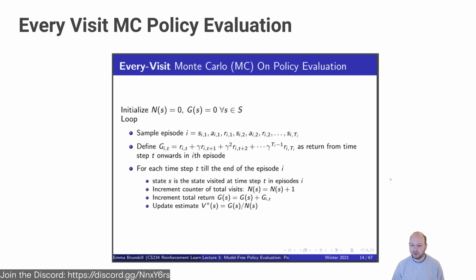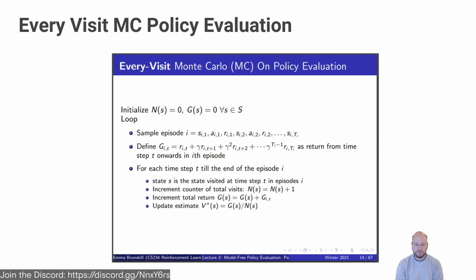This is kind of counterintuitive in a way, right? Because we're now averaging the total return over the number of times you've seen a state. And so this is, I think, a good place to think about your problem, right? If your problem is one where being in a state multiple times is okay, then every visit is not going to hurt you.